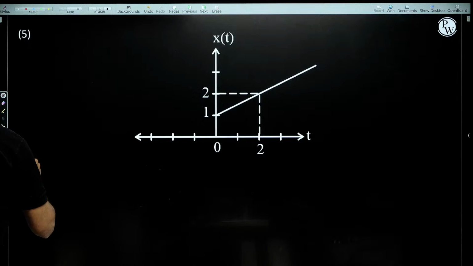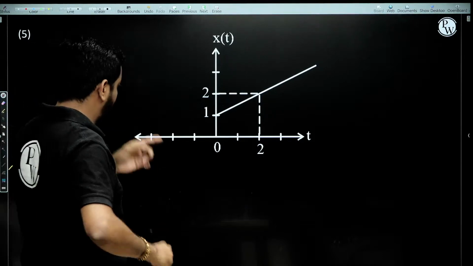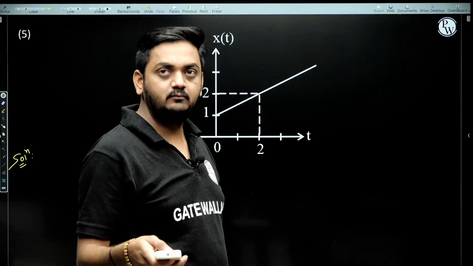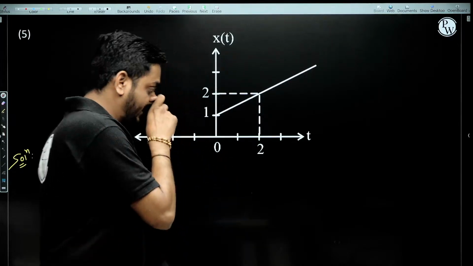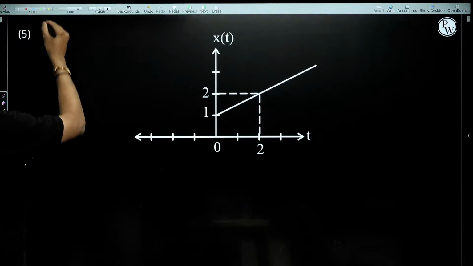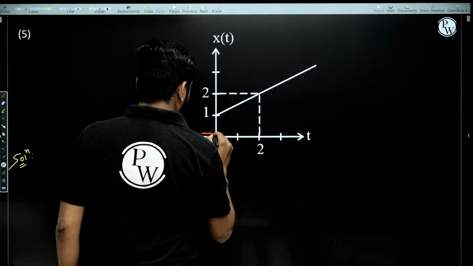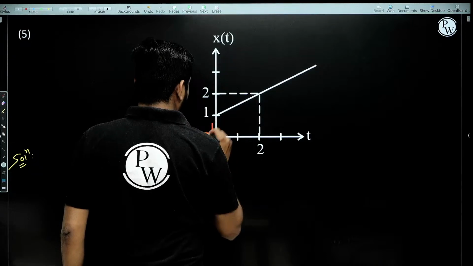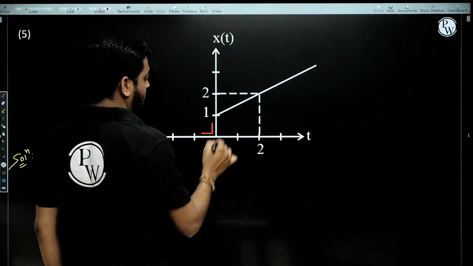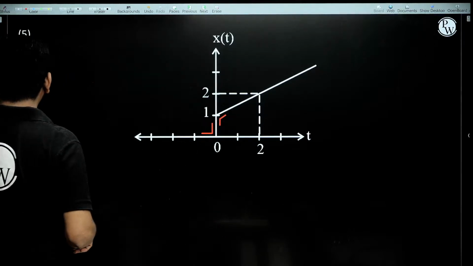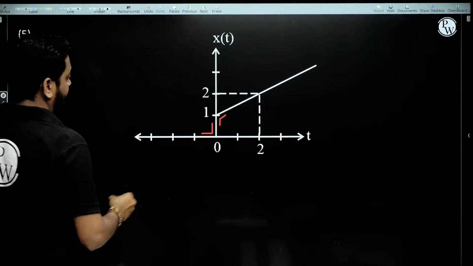Tell me, at t equal to 0, only sudden change, only linear change, or both? So here you can see sudden change is also present and linear change is also present, guys. You have to find the value of slope also.